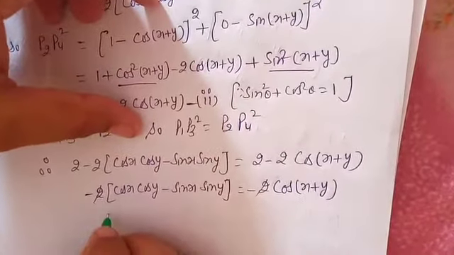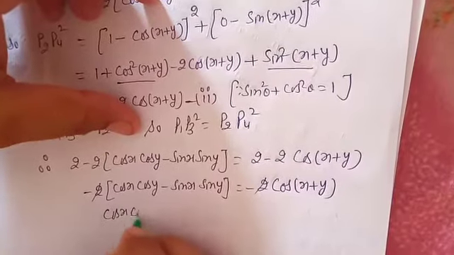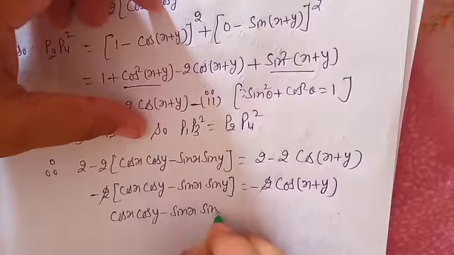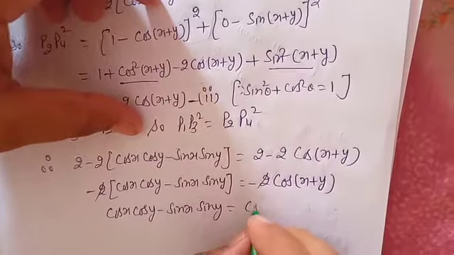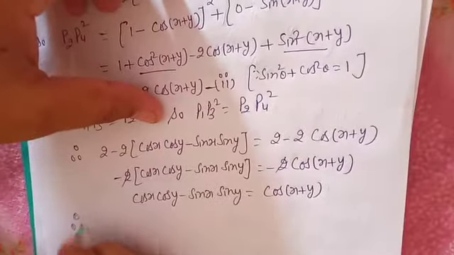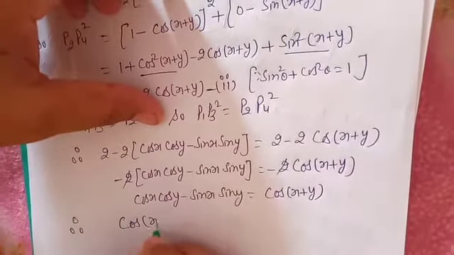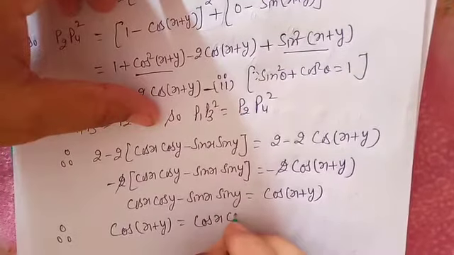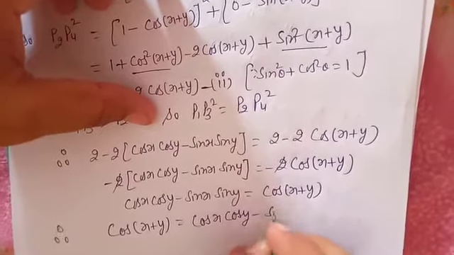So cos x cos y minus sin x sin y is equal to cos of x plus y.